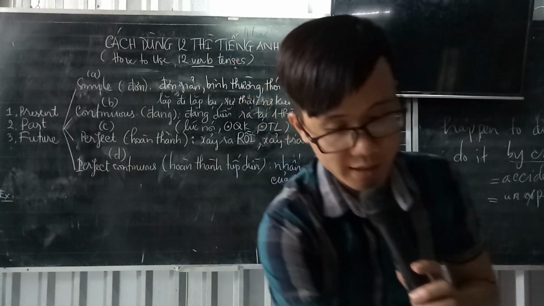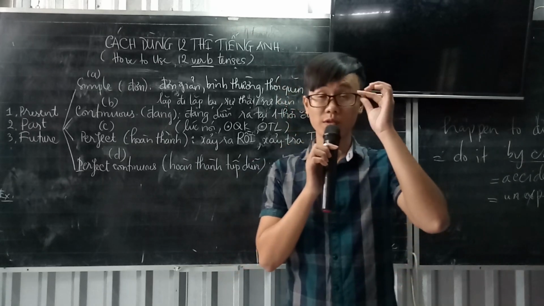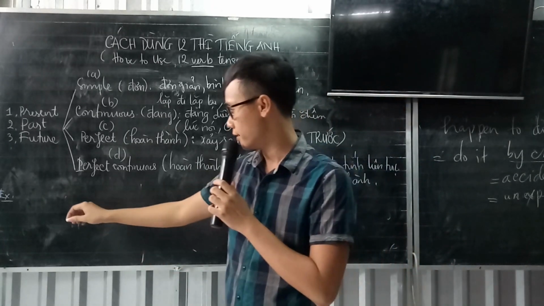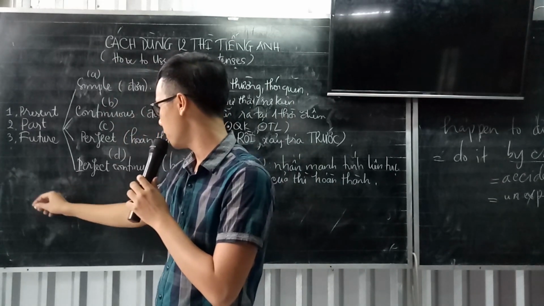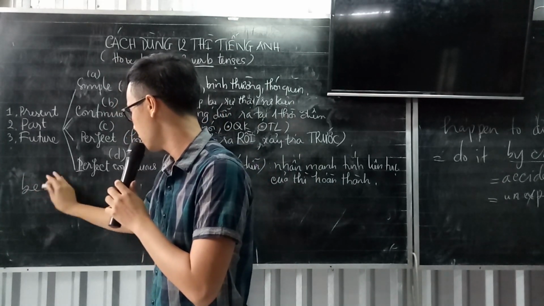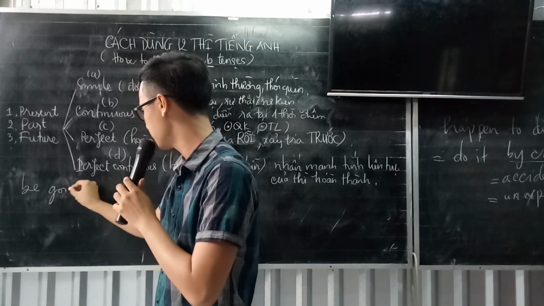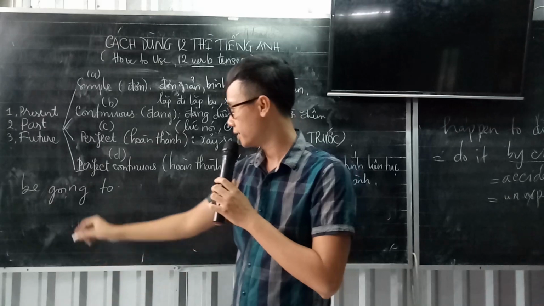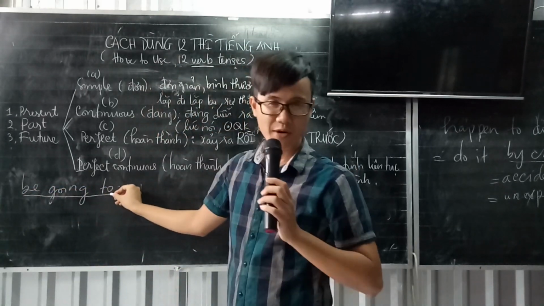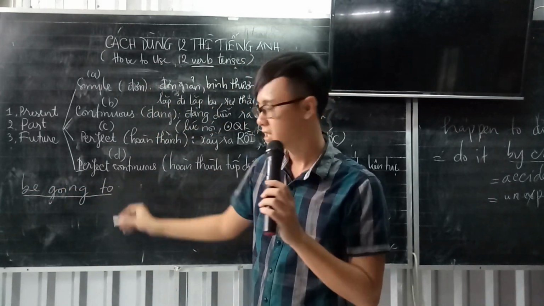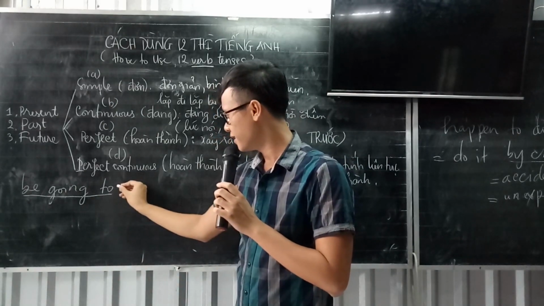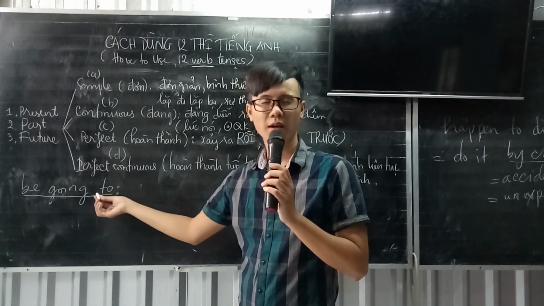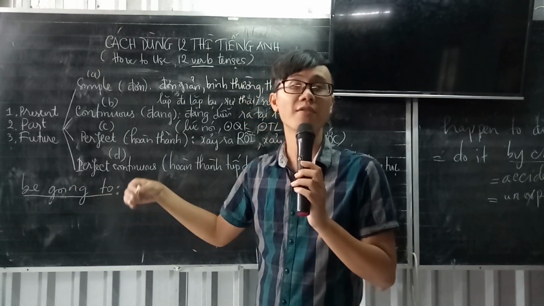But high school students also study one other tense. I can write here: be going to. So maybe this is very familiar to you, right? This is not really a tense, it's just a use for a kind of future tense.